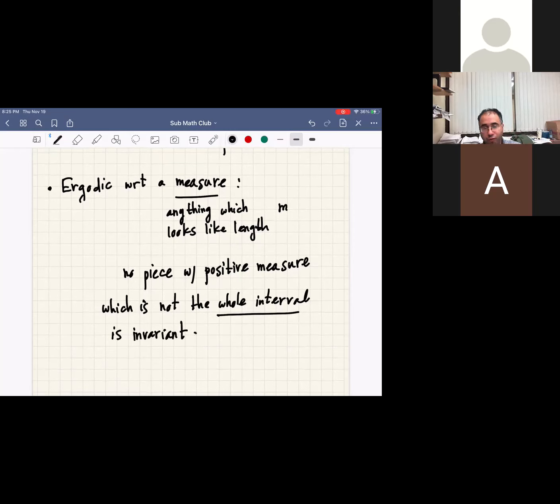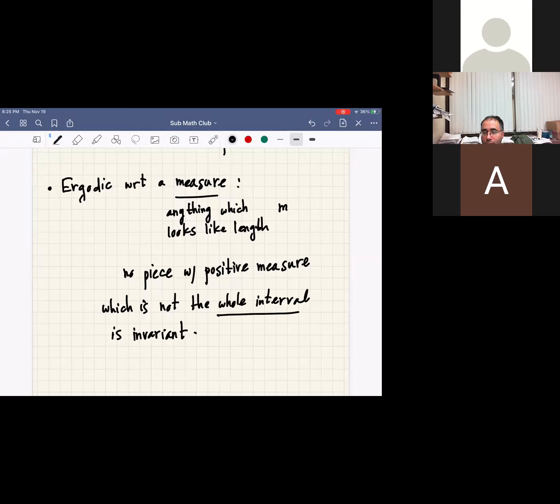In other words, we cannot find any piece of this interval which has positive measure, which is visible with respect to it, has positive length, which is invariant, unless it's the whole interval. That's the meaning when we say that this interval exchange is ergodic with respect to some particular measure. It means that if you have a piece which is visible, which has positive measure, and it's invariant, it should be the whole interval.